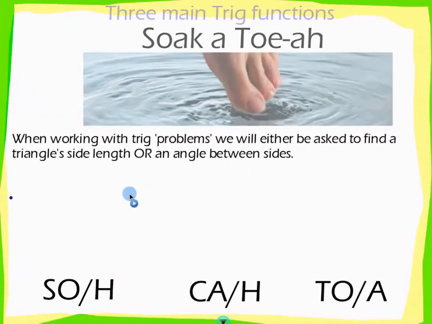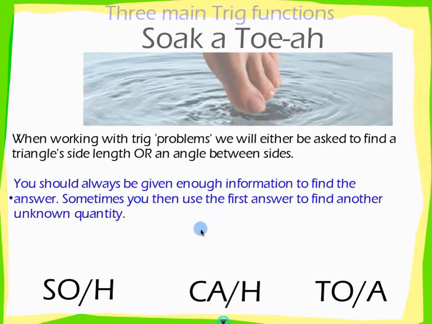When working with trig problems, we'll either be asked to find the lengths of the sides of the triangles, or the angles in between the sides. You should always be given enough information for the answer, otherwise it's not a proper question, is it? But then you may be asked to find further information once you've found out, say, two of the sides. You can find a third.